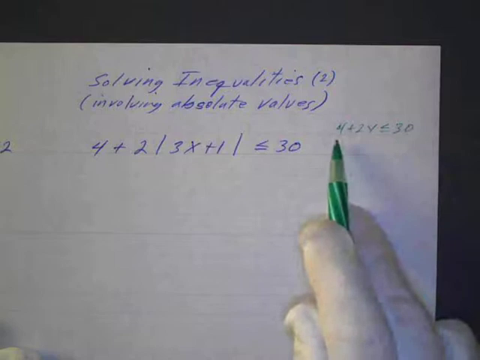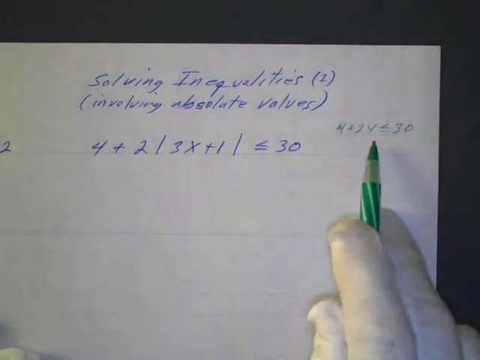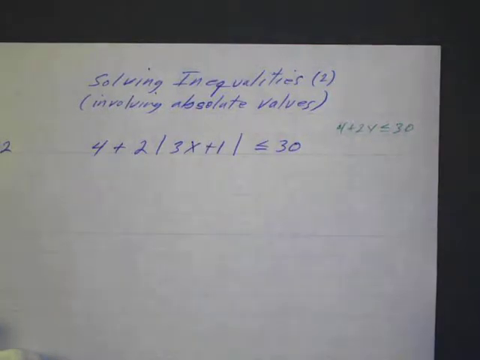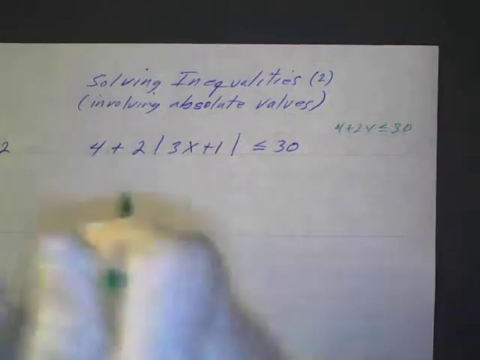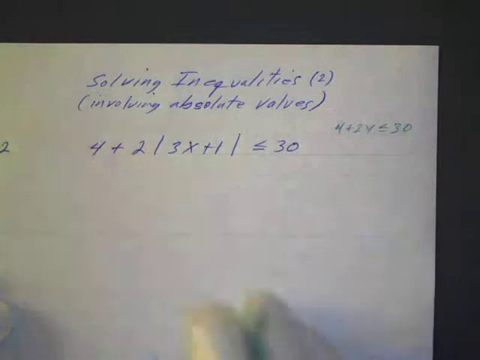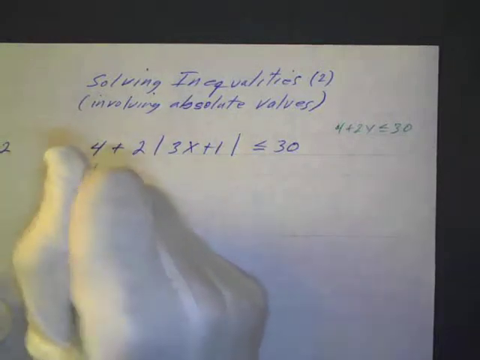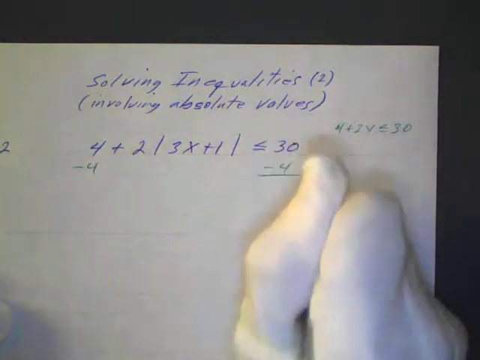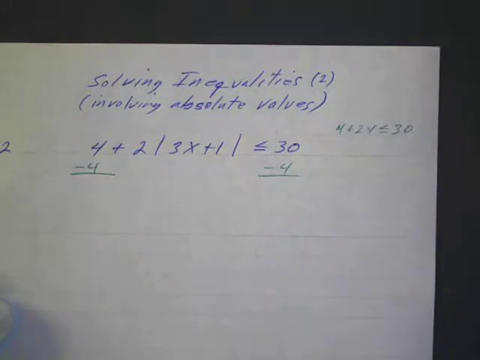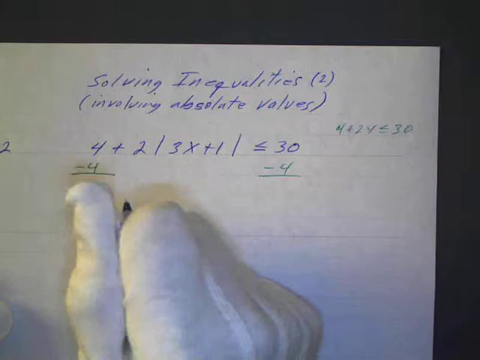Well, we want to remove the 4 first, and then the 2. So first of all, I'll subtract 4 from both sides, kind of like what I did in the last problem. 4 minus 4 is 0.